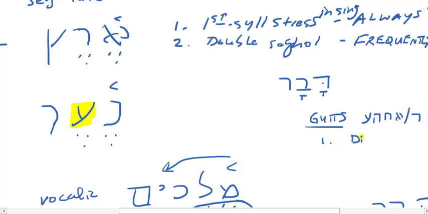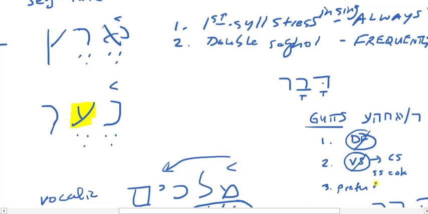The first one is no dagesh forte. Remember, gutturals don't take a dagesh from anyone. The second one is no vocal shva. What do we put in place of it? Compound shva. What about silent shva? Silent shva is okay. Characteristic number 3, they prefer a kind of vowel.